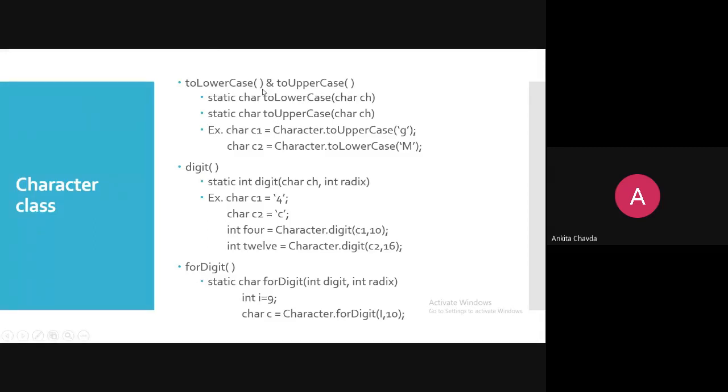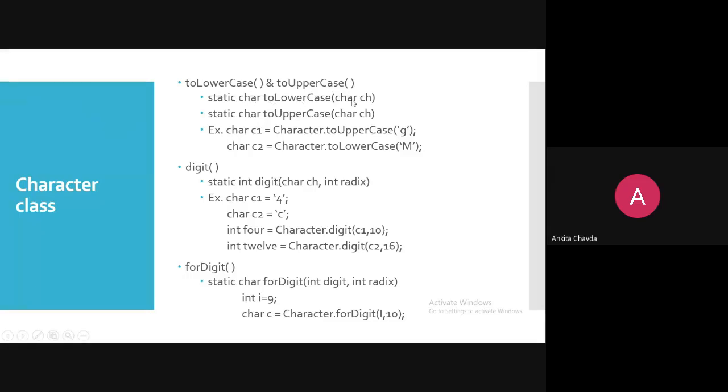Now here the methods are different. Here toLowerCase and toUpperCase, their return type will not be Boolean. Instead of that, they give me the character after converting into lowercase and after converting into uppercase. So its return type will be character.